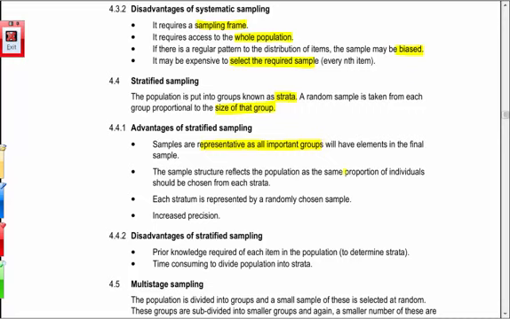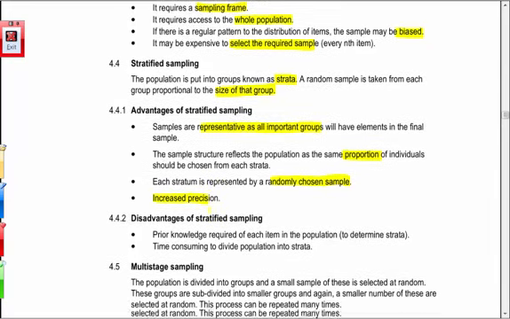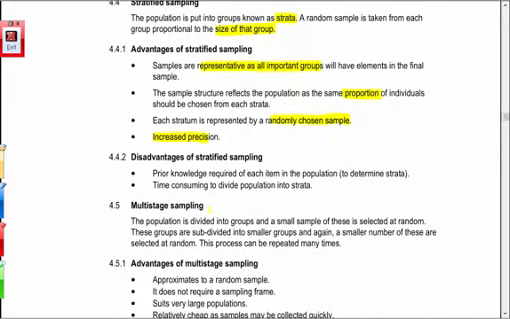It also means then that those samples should be in the same proportions as they exist in the population as a whole, and every stratum is represented by a randomly chosen sample, so we end up with an increasingly precise and accurate sample. The problem is we need to know information before we can start the sample about each item. So we need to know what strata to put them into, and it's time consuming to actually make those divisions into the strata.